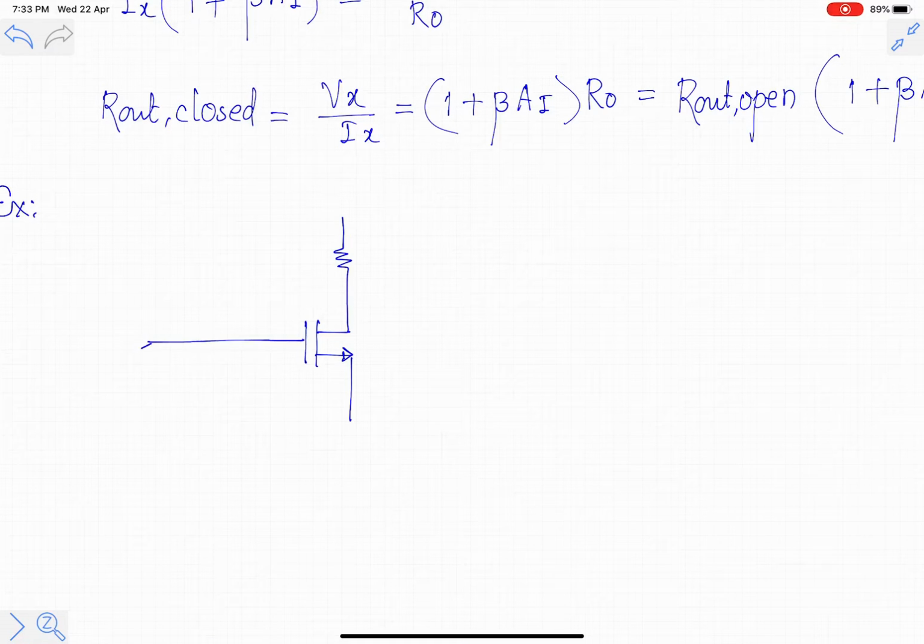The input quantity is a current, but we know that the current source will have its source impedance Rs in parallel with it. This is Is, and this is the source impedance. This is connected to ground, this is VDD, and this is RD.